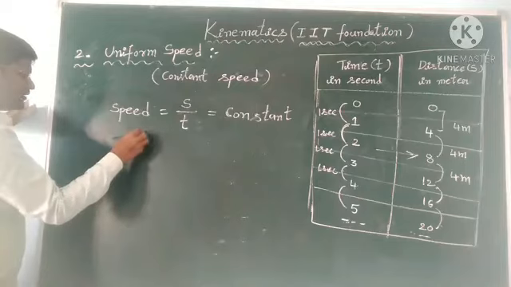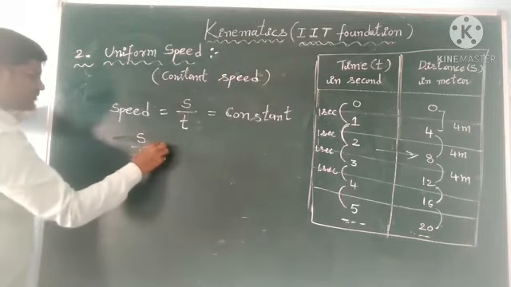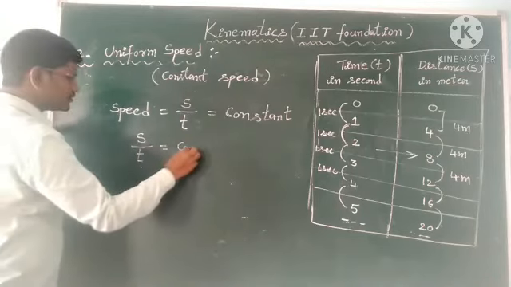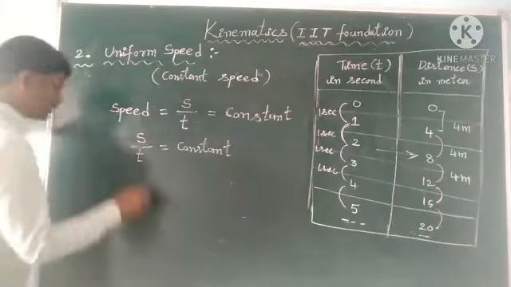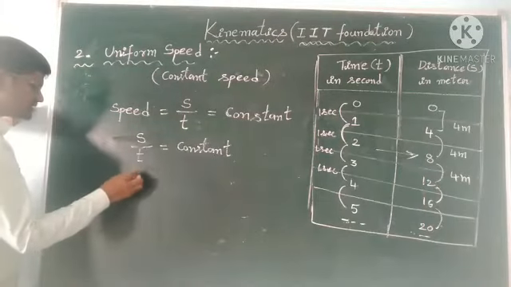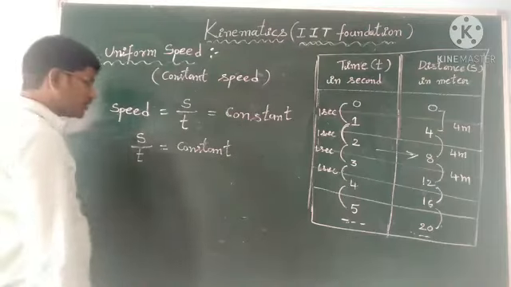So distance by time is equal to constant we are writing. It means we can write distance is directly proportional to the time.